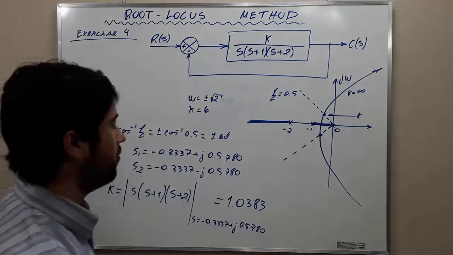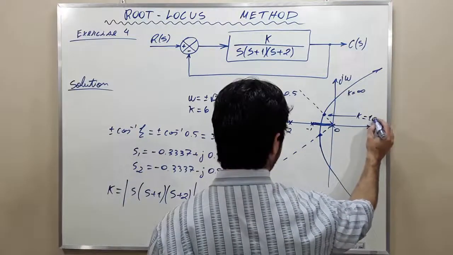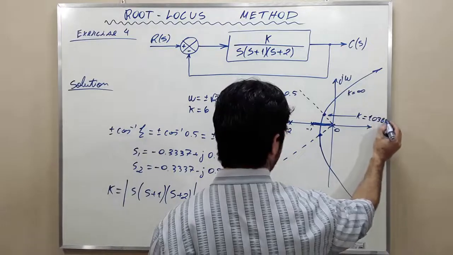Okay, so the value of the gain here is 1.0383.